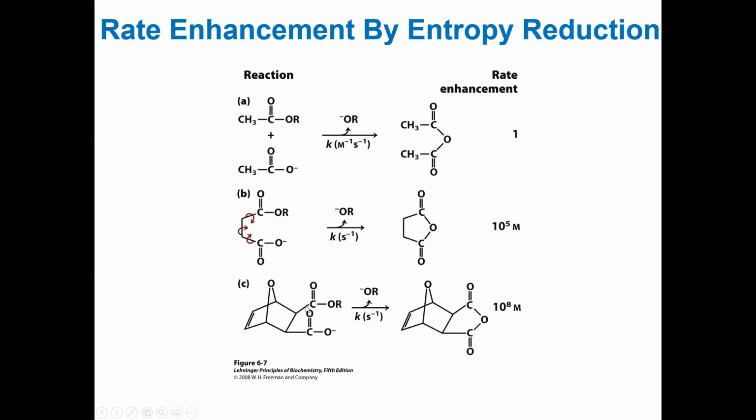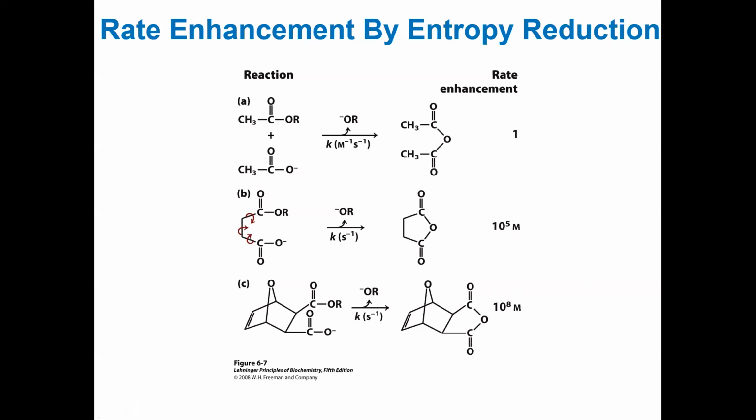You can see that the bond rotation will not be possible. All those three bonds are now restricted. And if you look at the rate enhancement, it's 10 to the power 8 molar. So you can see that entropy reduction can have a significant effect on rate enhancement.